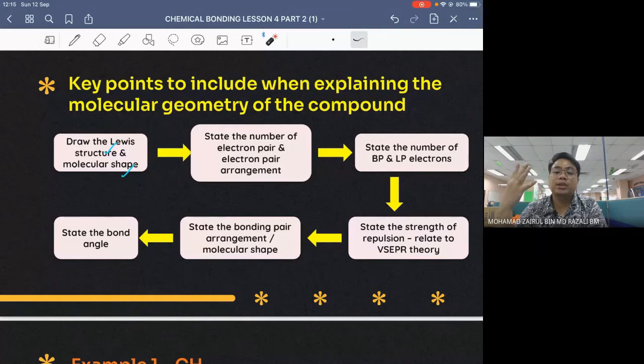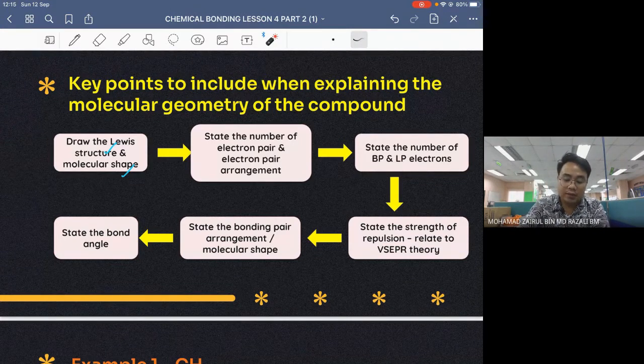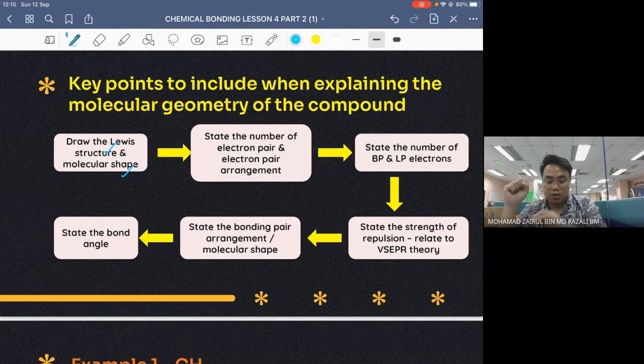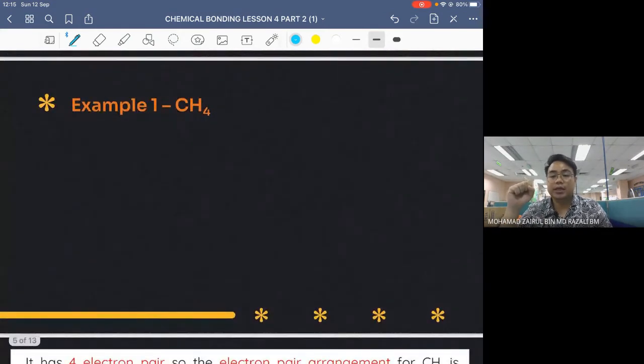Then after you state the strength of repulsion, kita kena state bonding pair arrangement dia ataupun dia punya molecular shape, and the last one we need to state the bond angle. For the bond angle ni, either awak state separately in a sentence or you can draw directly on your molecular shape.